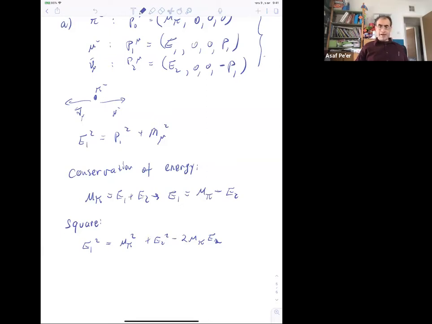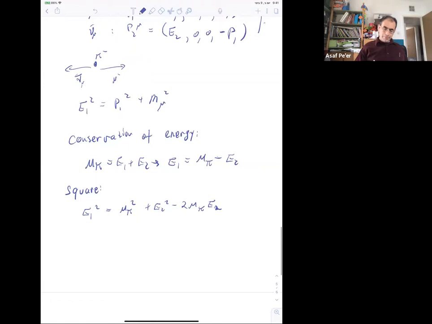Now is where I plug in the relation between the energy and the masses, right? So E1 I can write as P1 squared plus m_muon squared, which is m_pion squared plus m_neutrino squared plus P1 squared, minus 2 m_pion E2.